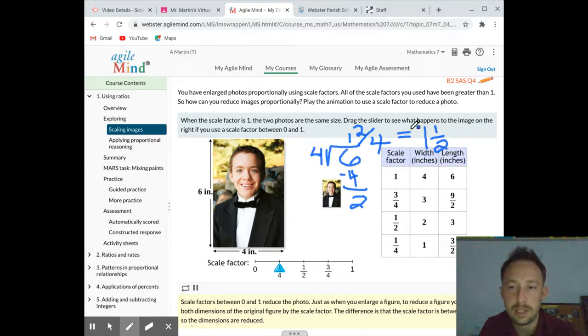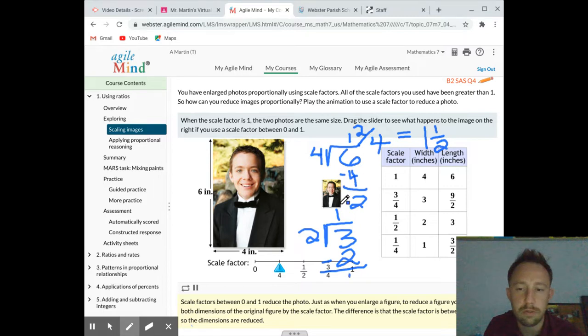Should it be the same as this? Yes, it should, because that'll make it equivalent. So we're going to check this one with the whole numbers. Let's see how many times 2 goes into 3. Once. 1 time. And what's 3 minus 2? 1.